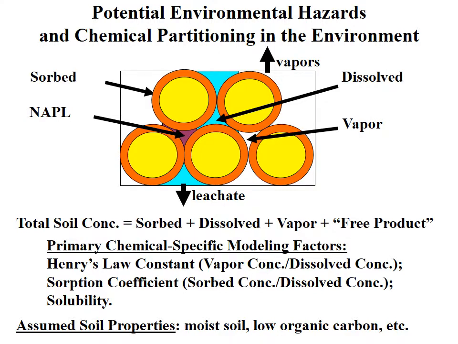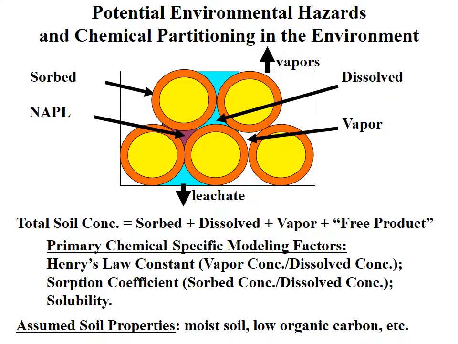And then the models will partition this into a sorbed phase, a dissolved phase, or the contaminant that would migrate into the soil moisture, and a vapor phase, the fraction of the contaminant that's going to migrate into vapors. And if there's any extra left over, it would be the free product. And then these are fed into the models for vapor intrusion or soil leaching, or even for direct exposure, or even for gross contamination. Some models can identify the potential presence of NAPL or free product in the soil.